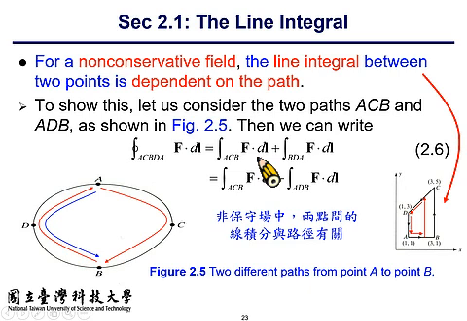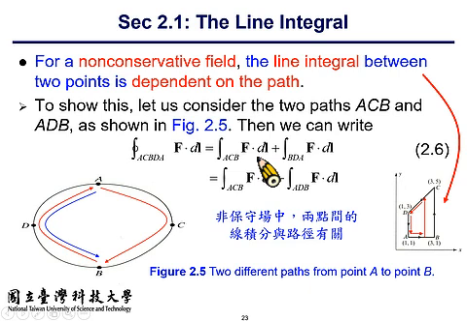So for conservative field, 保守场对于保守场来讲，对像是静电场或者是重力场，它的线积分结果只跟起点跟终点有关，跟路径无关。Okay, for conservative field, the line integral between two points is independent. It's not related to the path. It's only related to the beginning point and the end point.